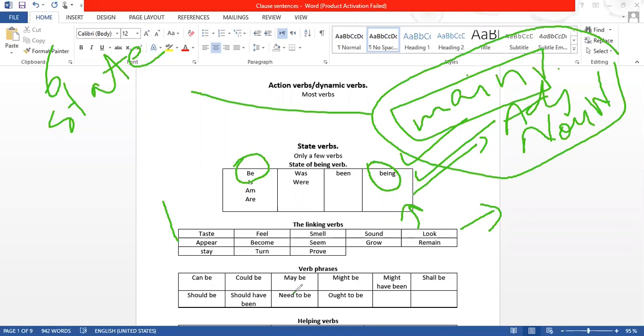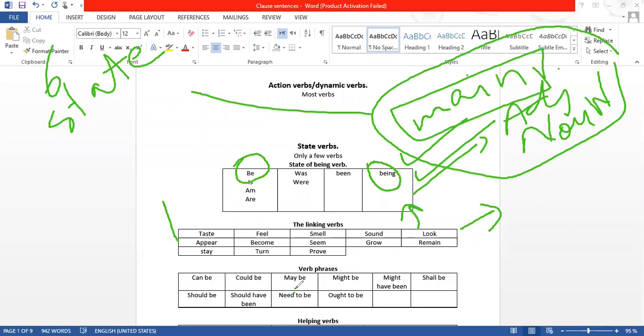So the state verbs we can divide into different kinds. Number one is the state of being verb, that is just one, be. And then we have linking verbs.